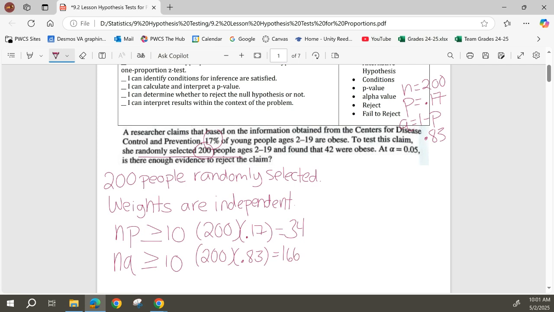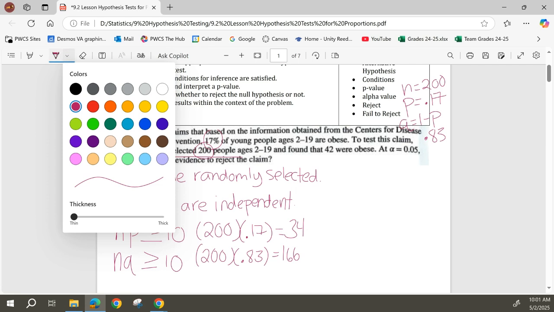Much like 0.17 and 0.83 should add to 1, 34 and 166 should add to 200 because I have 200 children sampled. And so my 34 that I would predict to be obese should add up to 200 with my 166 that I would predict to not be obese. So this is what we would predict if 17% of young people really are obese.